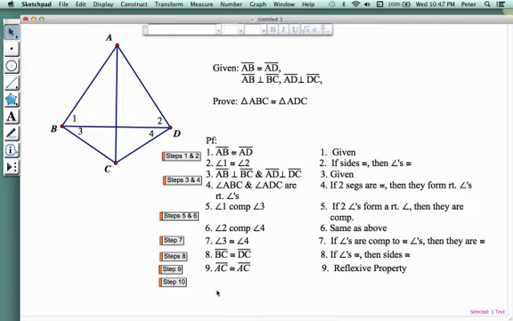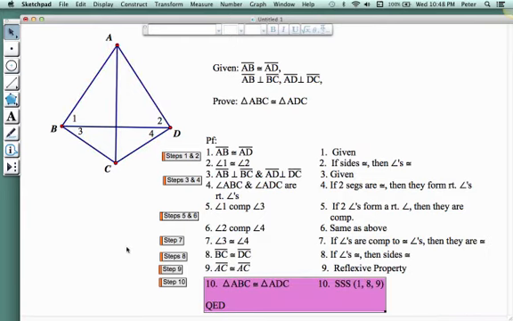AC is congruent to AC. So now we have AB congruent to AD from the givens, BC congruent to CD from step number 8, and we've just proven that AC is congruent to itself. So that allows me to prove my conclusion that triangle ABC is congruent to ADC by side, side, side.